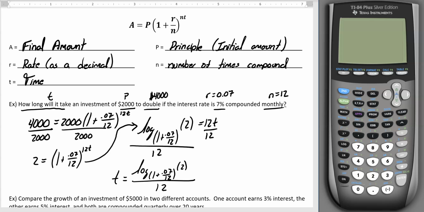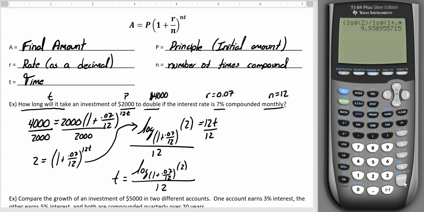Now, if we're doing this correctly, we should only use our calculator at the very end. So let's make sure that we're doing that here. Change of base: I'm going to use a couple parentheses. I'm going to say log of 2 divided by log of (1 plus 0.07 divided by 12). Close the parentheses for the logarithm itself because I'm dividing all of it by 12.